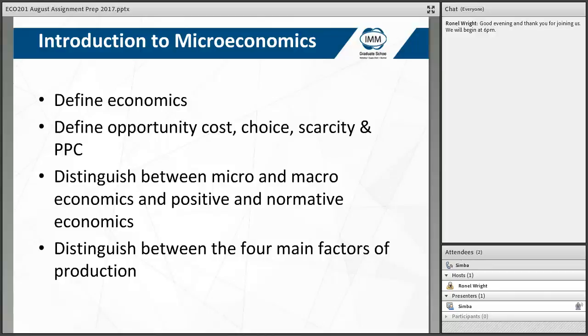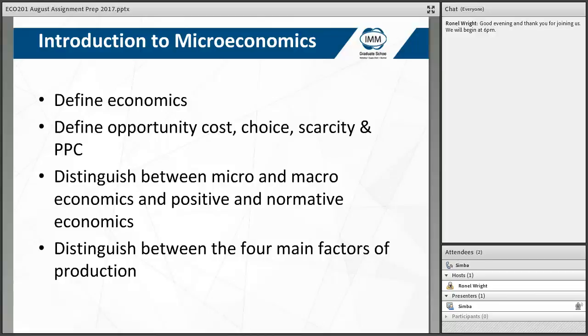It is important for you to be able to define what economics is. When you look at economics, we are basically dealing with the fact that we have scarcity of resources, versus the fact that our wants and our needs are unlimited. So what you need to do there is to prioritize. You need to make choices as an economy, as a household, as a firm, as an individual.